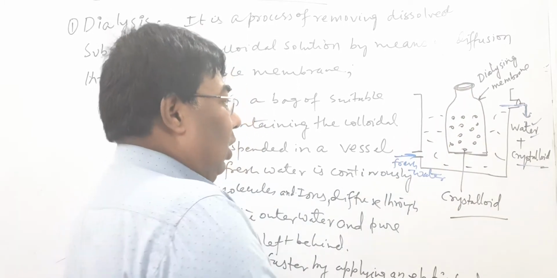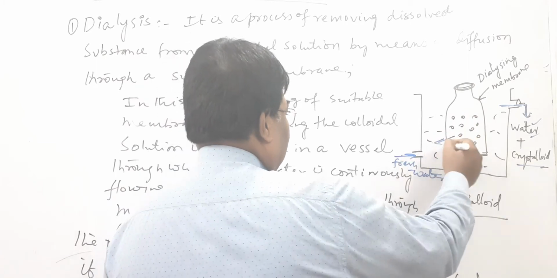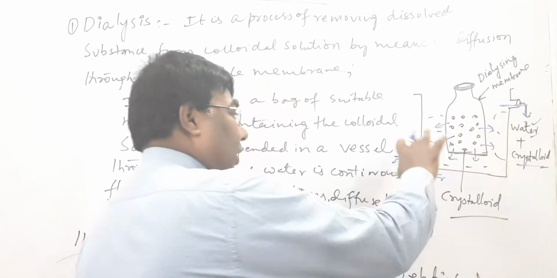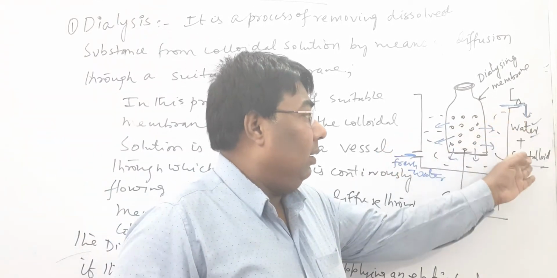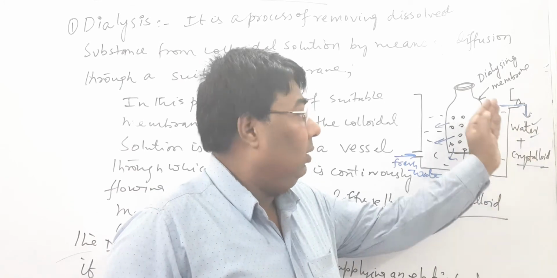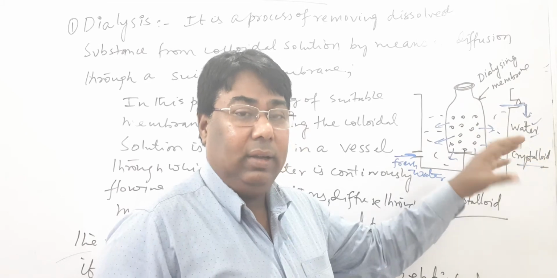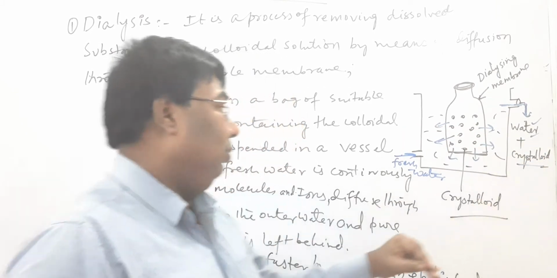Because of the high concentration of ions in this, these ions are removed out into the running fresh water, and they leave through the outlet of the vessel. By using this technique, the impurities present in the colloidal solutions are removed.